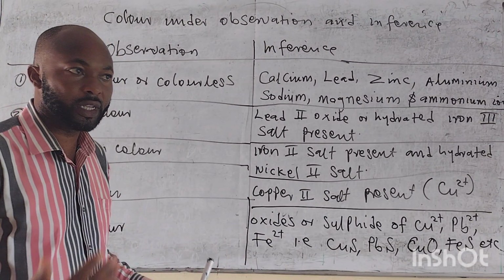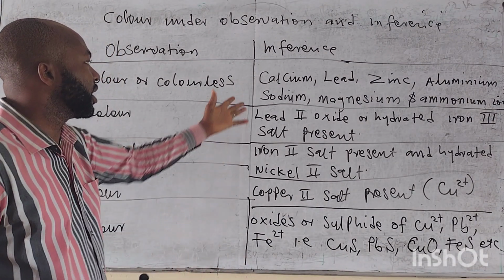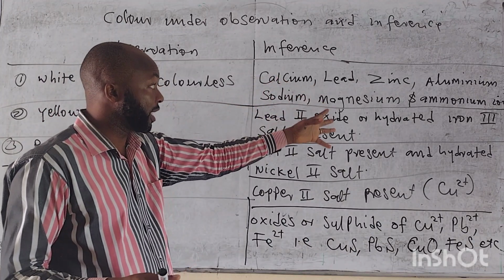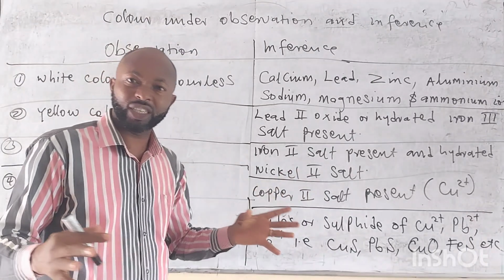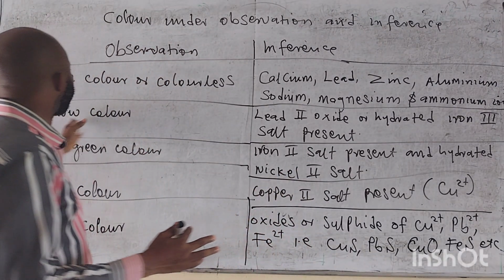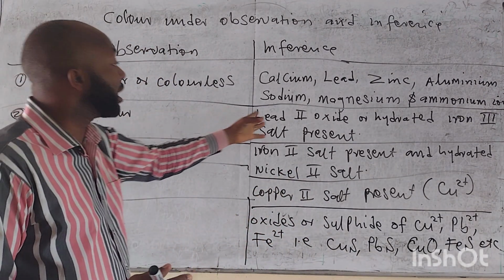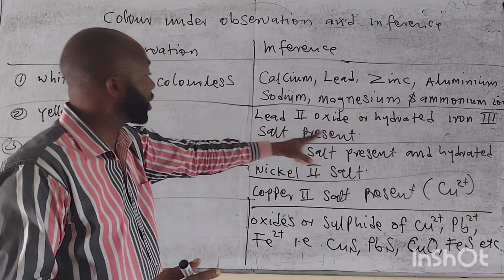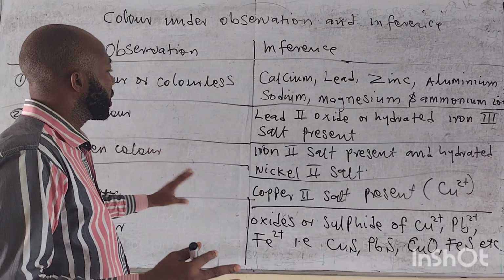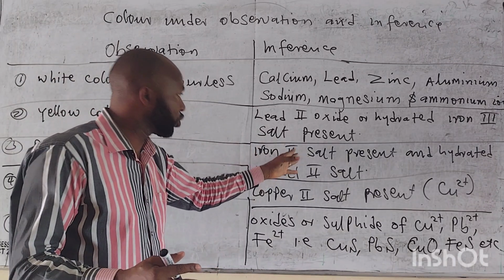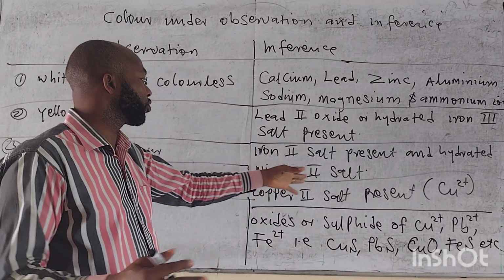The first thing that should come to mind is it could either be calcium, lead, zinc, aluminum, sodium, magnesium, and ammonium ion, because it is what? White. If it is yellow in color, it is either lead 2 oxide or hydrated iron 3 salt present. If it is pale green color, it's either iron 2 salt or hydrated nickel 2 salt present.